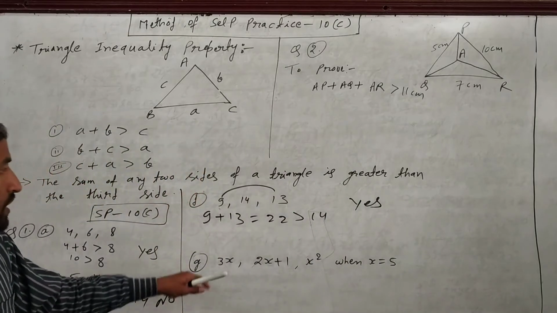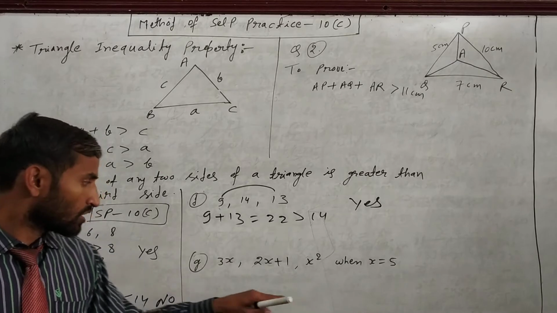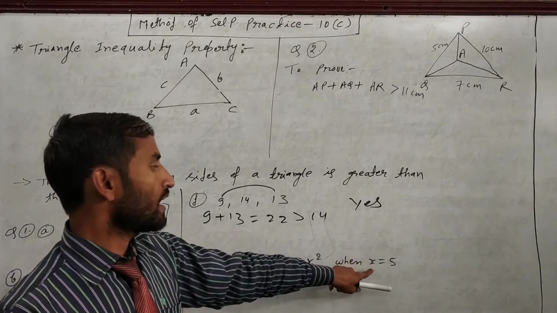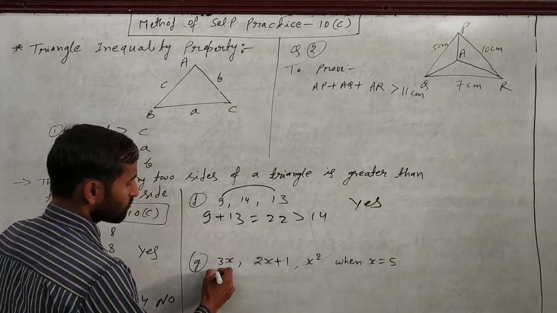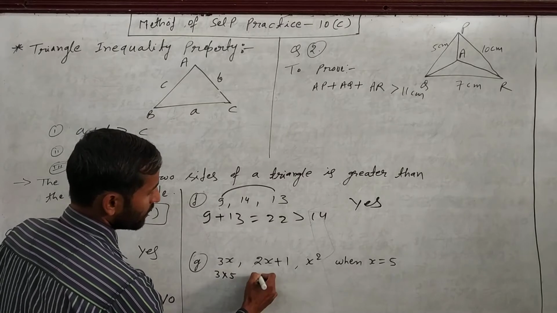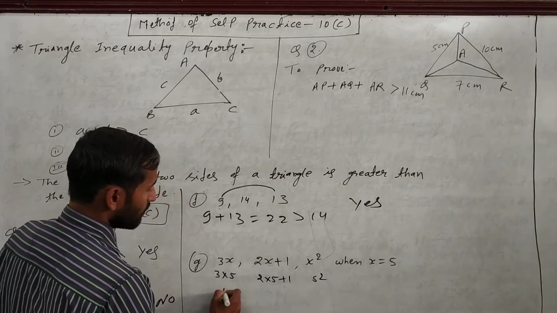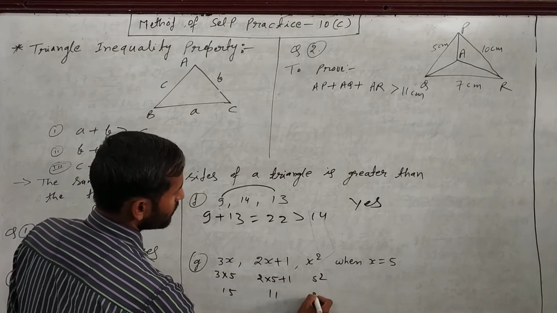Next, D, E part and F part I have written. G part. So just you see here 3x, 2x plus 1 and x square are given, and the x value is also given. So just you put the value of x, it will come 3 into 5, 2 into 5 plus 1, and 5 square. So 3 into 5 is 15, here 10 plus 1 is 11, and 5 square is 25.